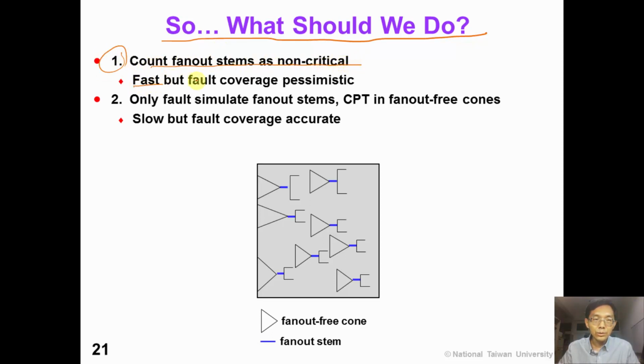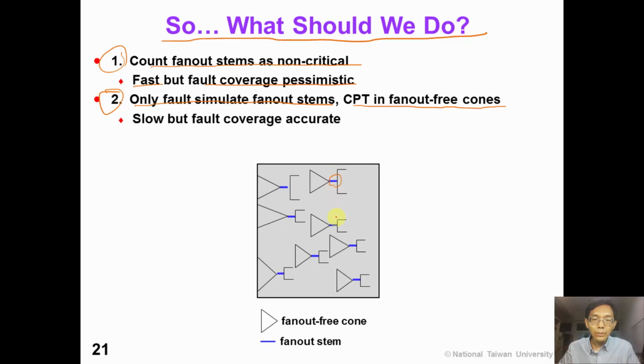Solution number one, we can count fanout stems as non-critical. This is a fast solution, but the fault coverage can be pessimistic. Solution number two, we can perform fault simulation only on fanout stems, and then we perform CPT inside the fanout-free cones. For example, in this circuit, the blue lines represent fanout stems.